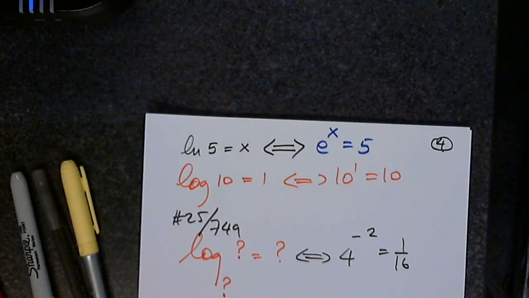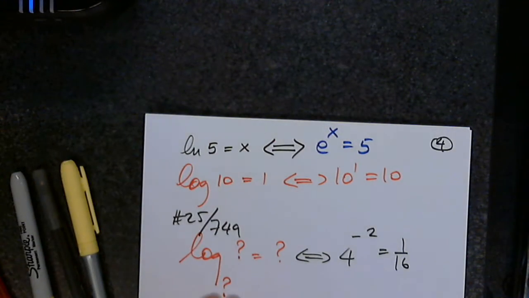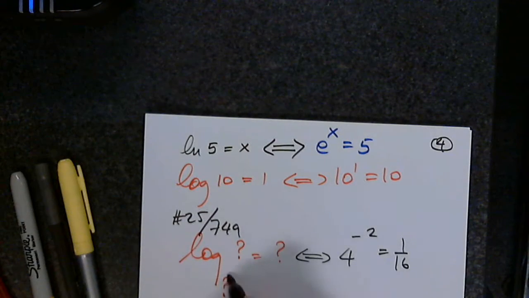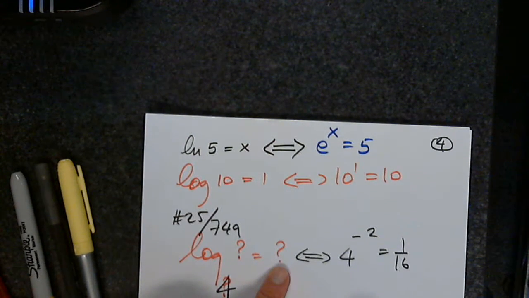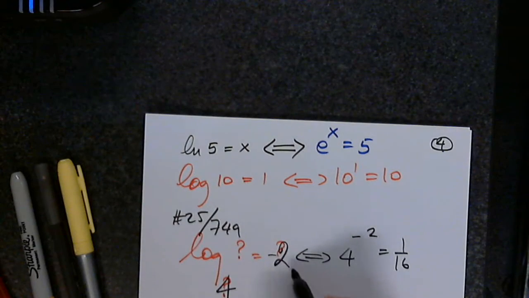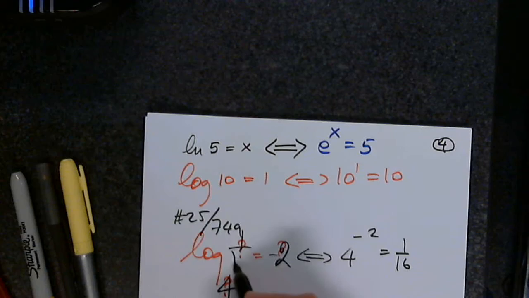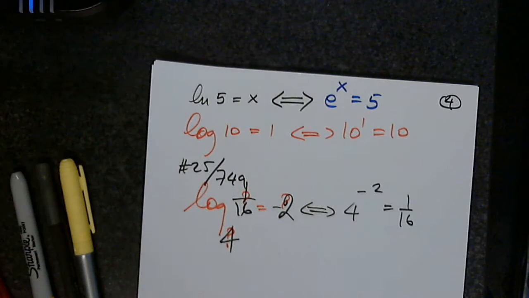I always start with the base. What is the base? 4. What do I raise it to? Negative 2. Good. And what will I get? 1 over 16. I recommend this method and you will never mess it up.